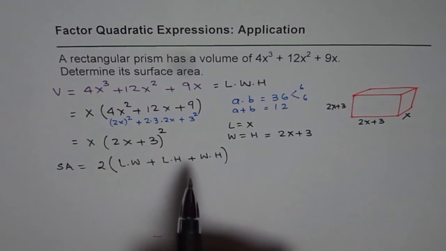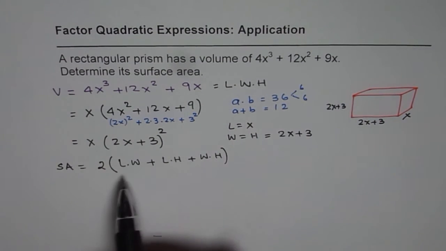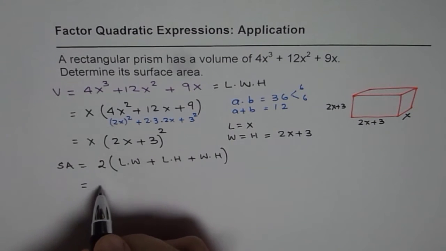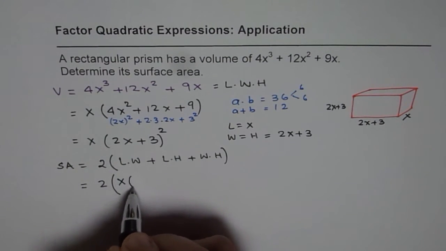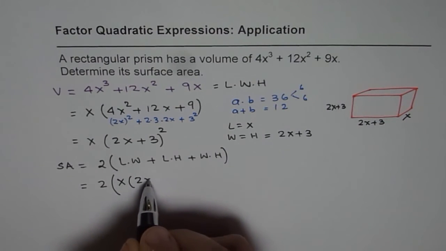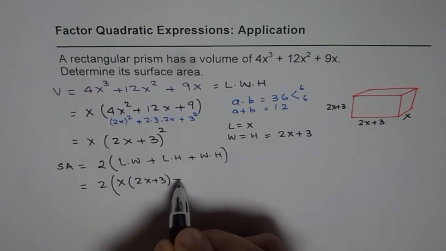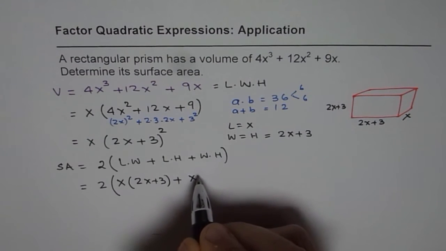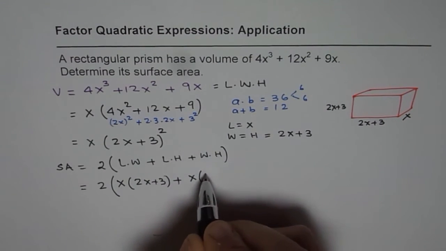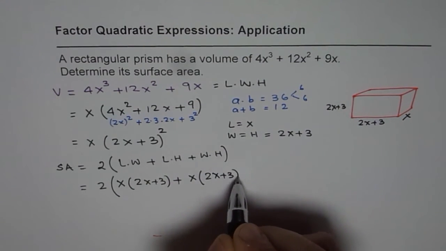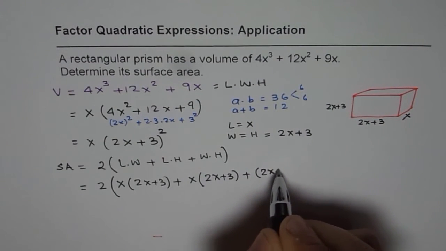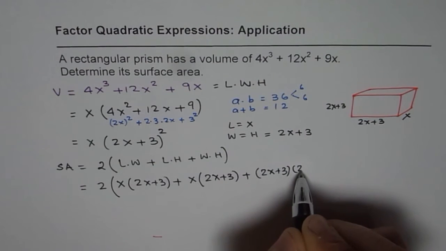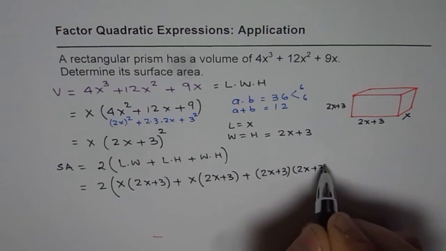So if I say that length is x, let me write down here. We get 2 times (length x times width, which is 2x plus 3, plus length x again times height, again 2x plus 3, plus width times height, which is 2x plus 3 times 2x plus 3).